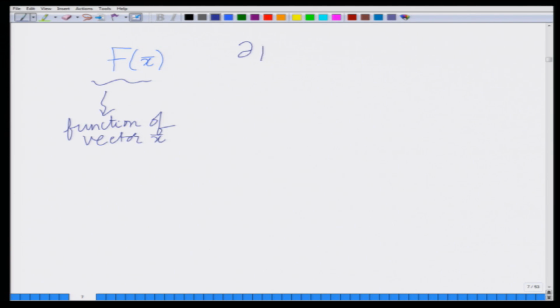Its derivative with respect to x bar is simply defined as the derivative of this function with respect to every element of the vector x bar. So, this is dou f by dou x1, dou f by dou x2, and so on and so forth, dou f by dou x T.